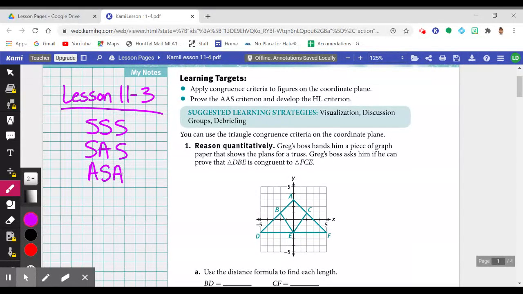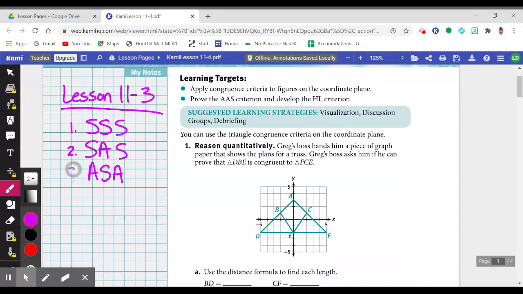And we said some really powerful things about how, for example, on side, that if three sides of one triangle are congruent to corresponding sides in another triangle, then those two triangles are congruent. And then for side, angle, we said if two sides in the included angle of one triangle are congruent to corresponding sides in an angle in another triangle, those two triangles are congruent.